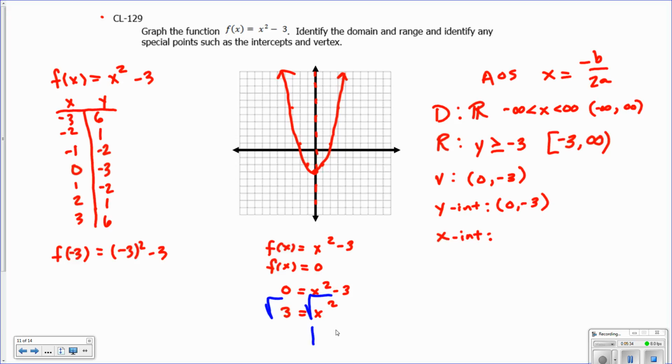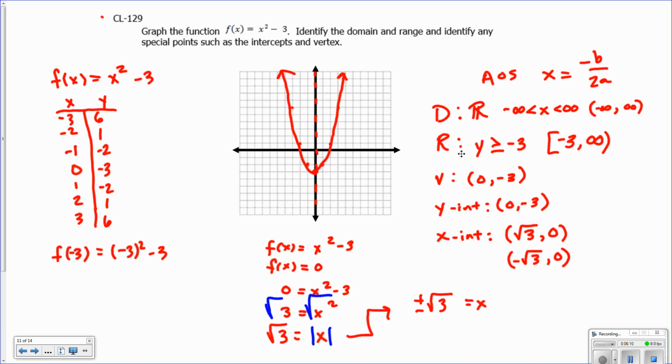So we end up with the absolute value of x equals the square root of 3, in which case we get positive or negative radical 3 is equal to our x value when y is 0. So our x-intercepts are going to be radical 3, comma 0, and negative radical 3, comma 0.